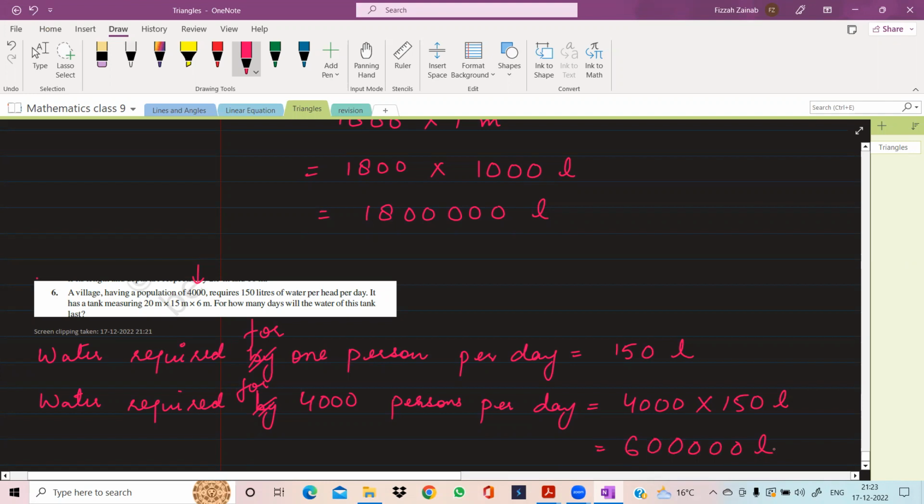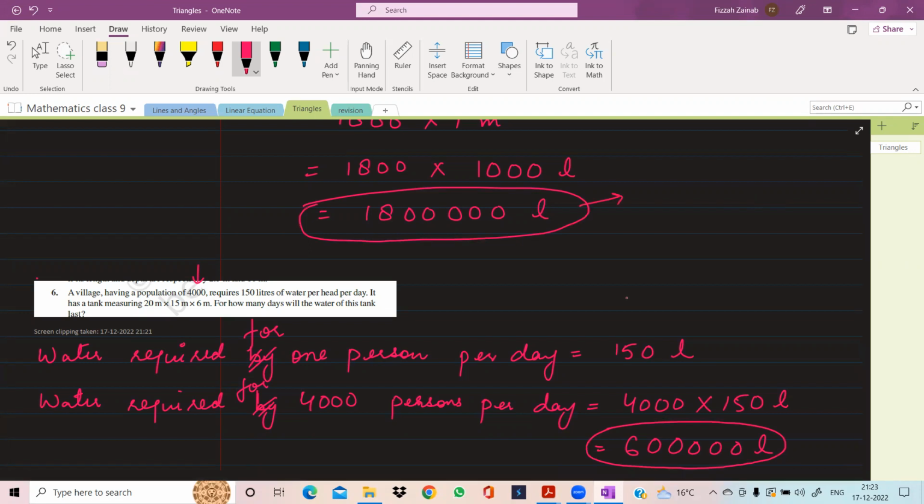Okay. So now you have to find for how many days the water of this tank will last. Clear? So this is the total volume you have in the tank, and this is the volume you require in one day. So how do you find the number of days? You break this into parts and see for how many days it is going to last.